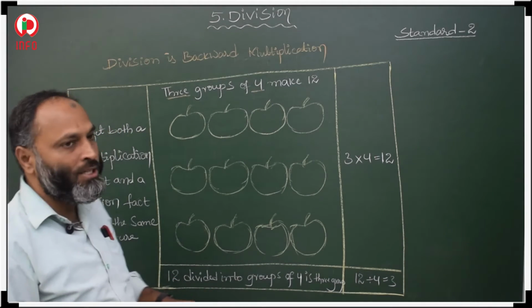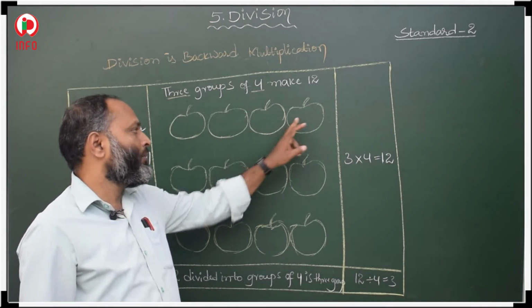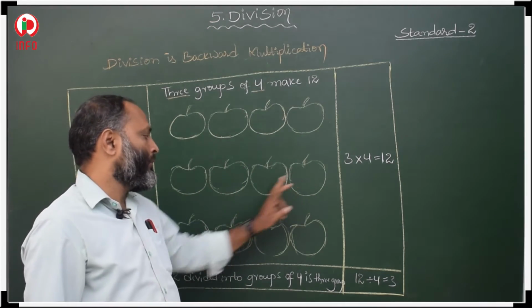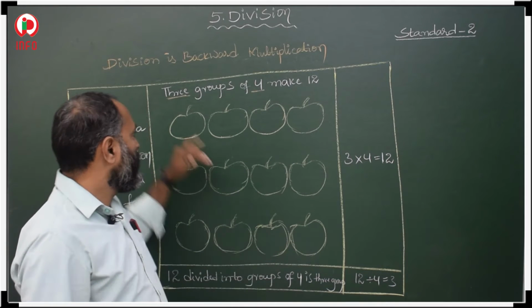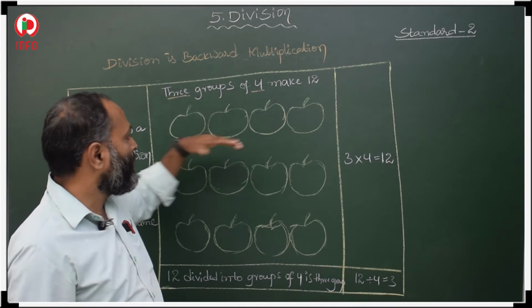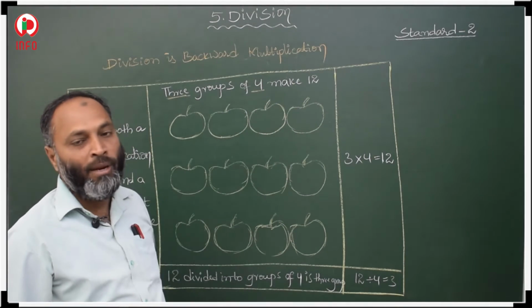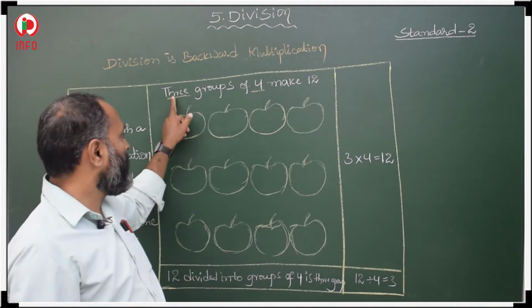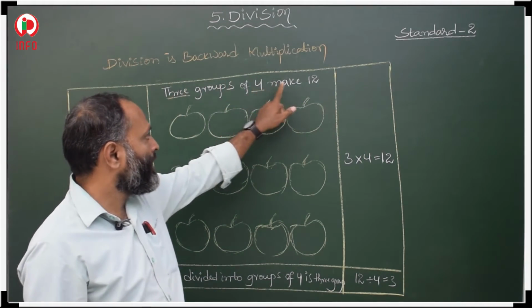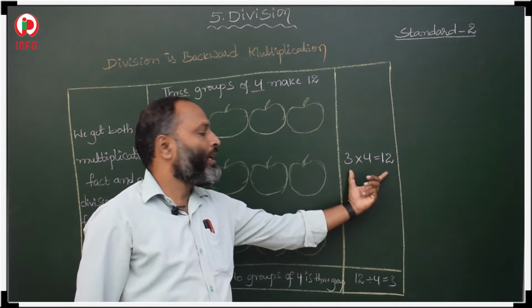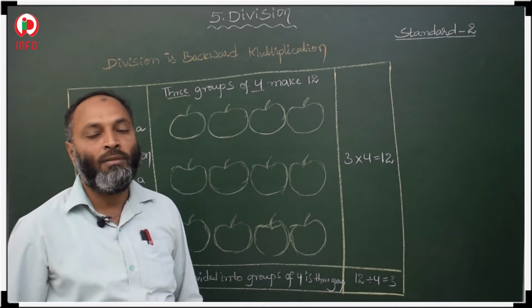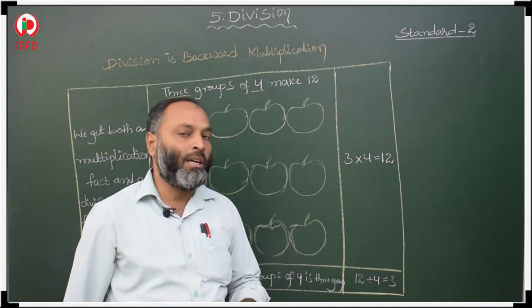How many are there in each group? 1, 2, 3, 4. 3 groups of 4 makes 12. It means 3 into 4 is equal to 12. This is a multiplication fact.